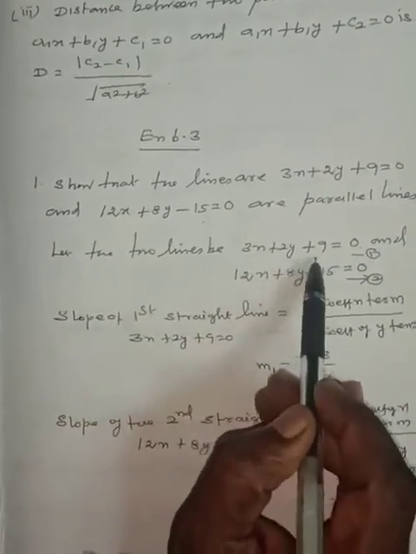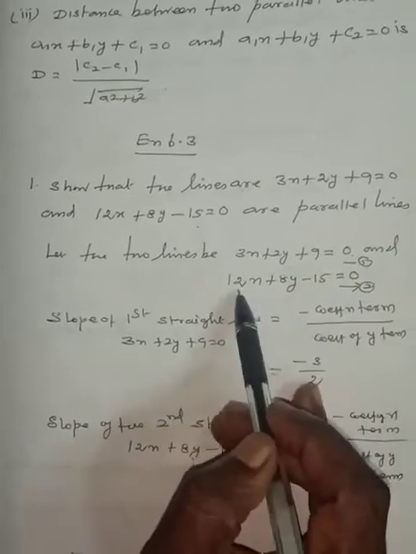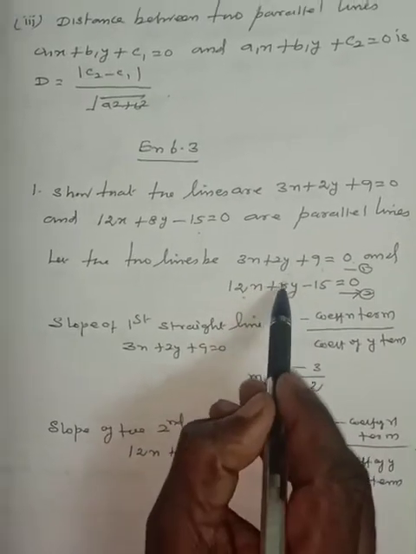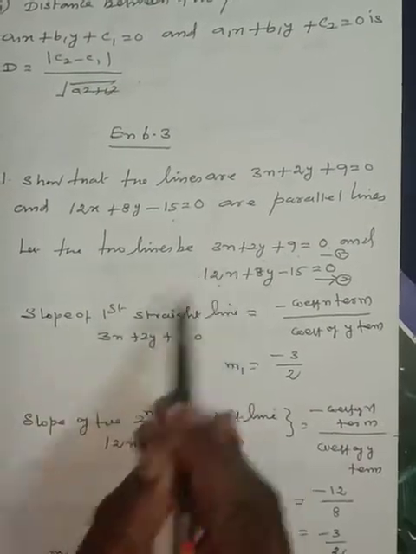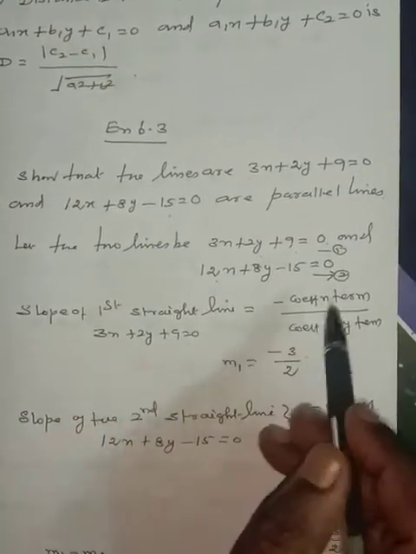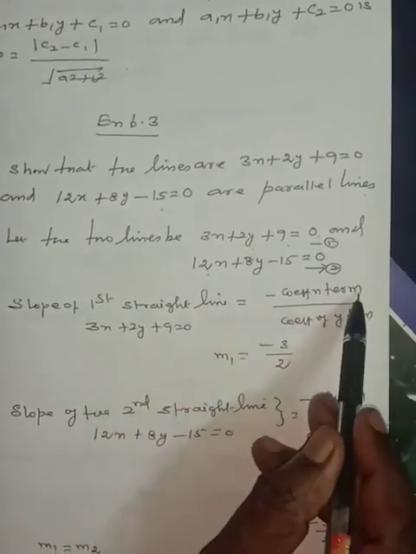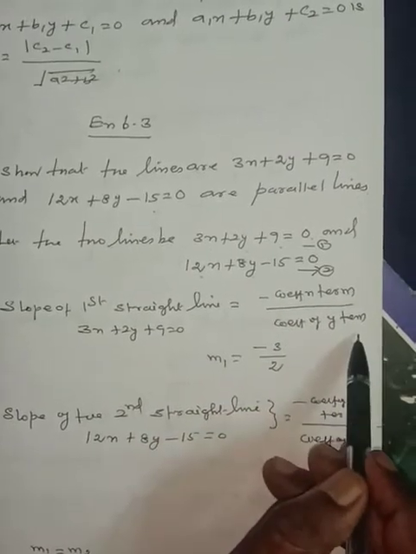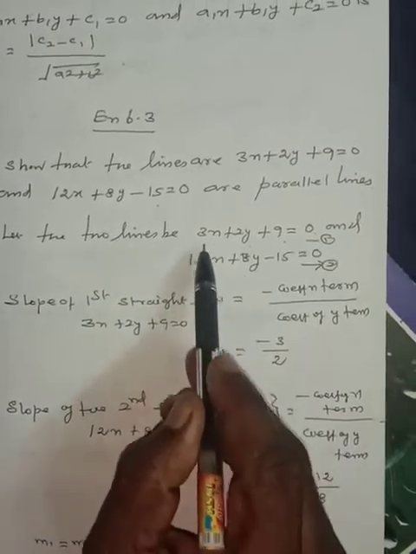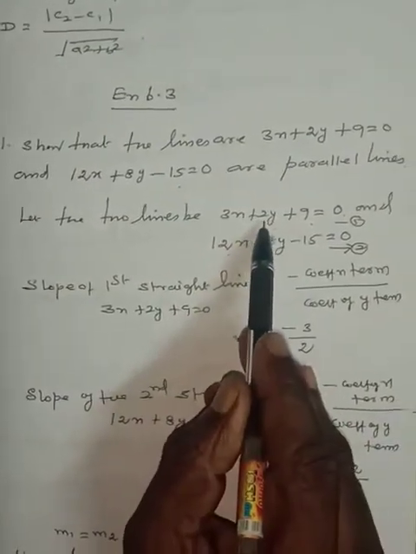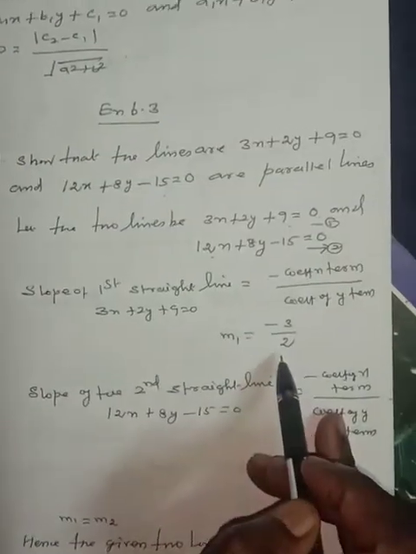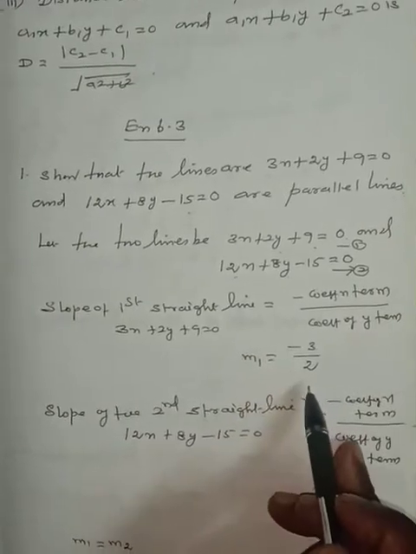Take the first line. The slope of the first line is minus coefficient of x term divided by coefficient of y term. Minus 3 divided by 2. So m1 equals minus 3 by 2.